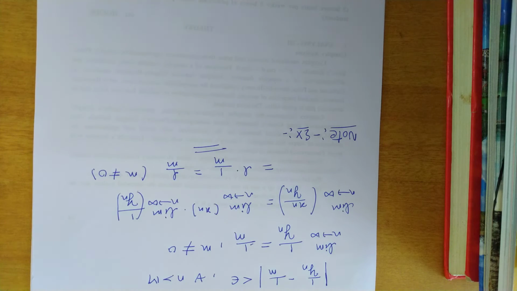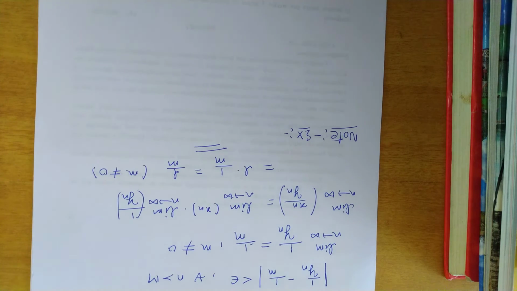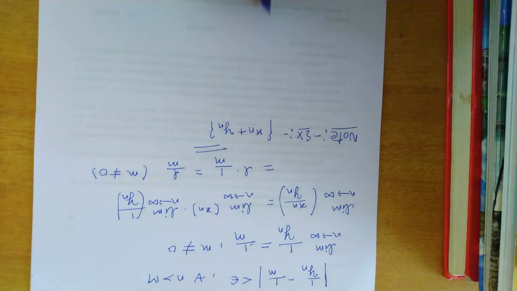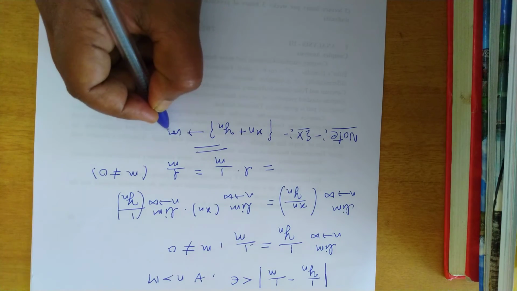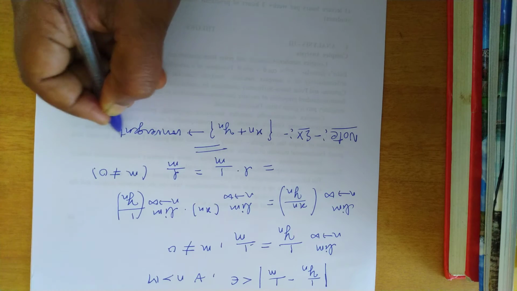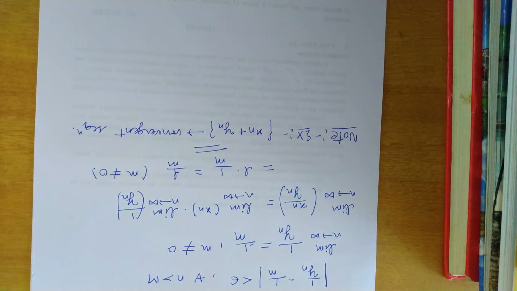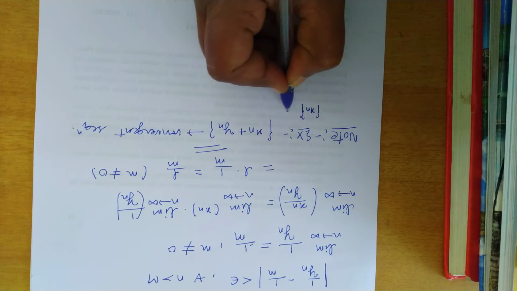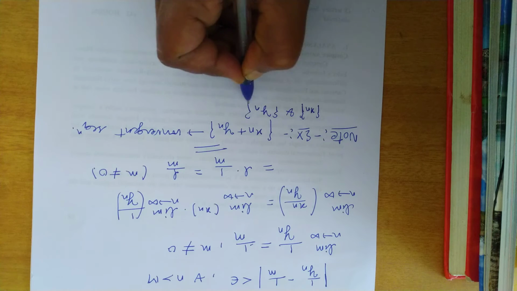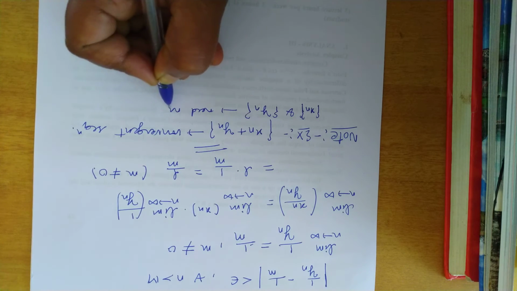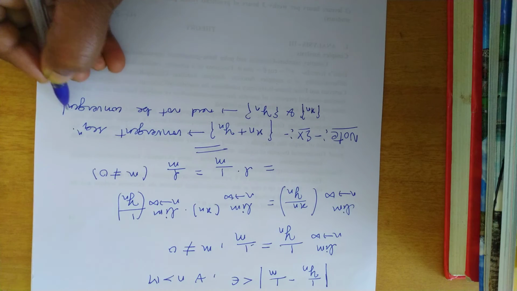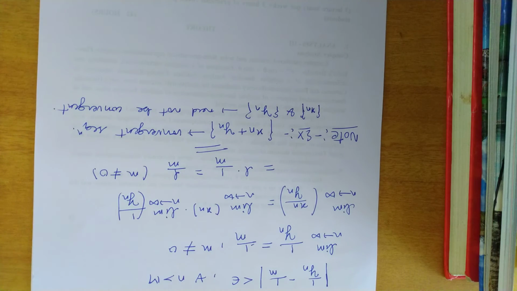If I take xn plus yn, and this is a convergent sequence, then the sequences xn and yn individually need not be convergent.